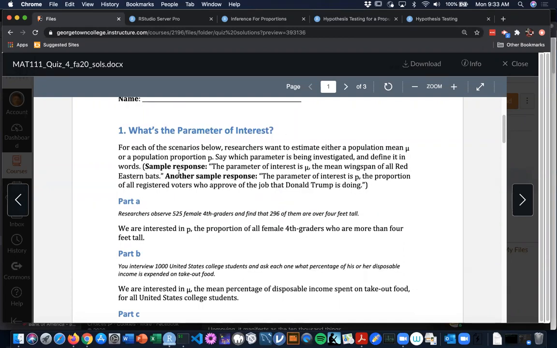Examples here of how you can respond so that you're sure that you're saying which parameter is being investigated and that you're defining it in words. You can't really get full credit if you just say that you're investigating a population proportion. You have to say what that proportion really is in context of the scenario.